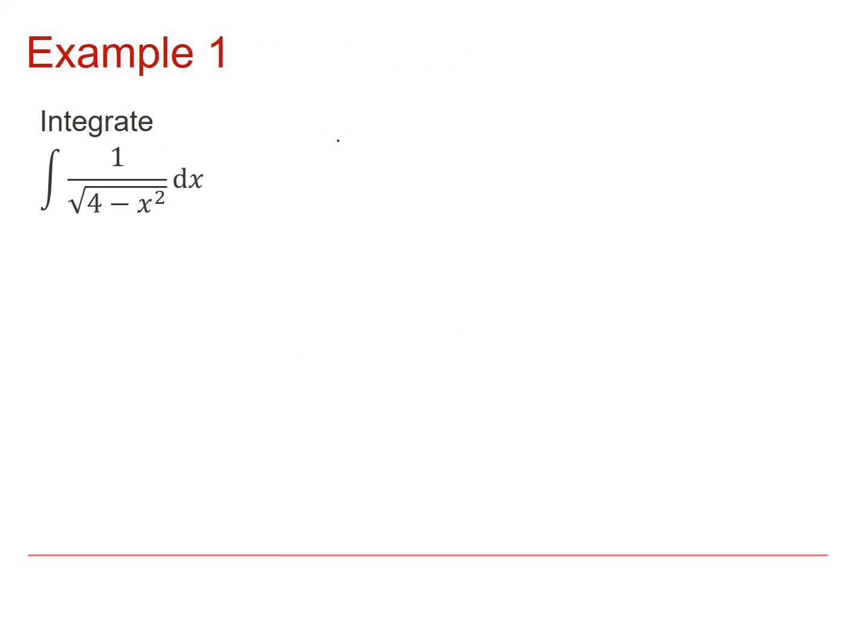Okay, so how do we integrate 1 over root 4 minus x squared? Well, to do that, I'm going to compare this with my standard form. My standard form, remember, is 1 over root a squared minus x squared. And this looks to be in standard form, but with a equals 2.